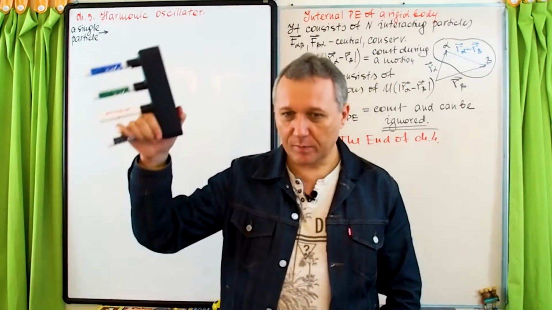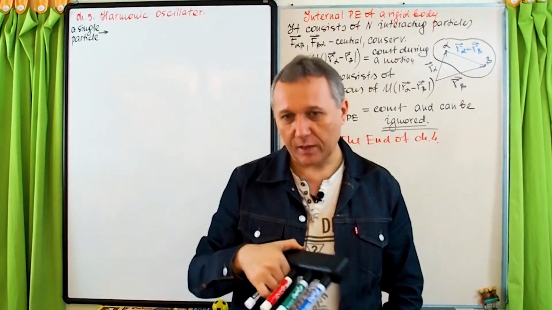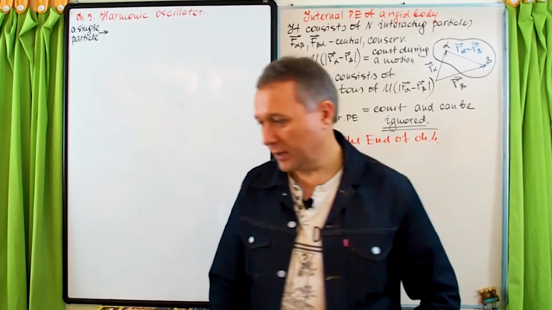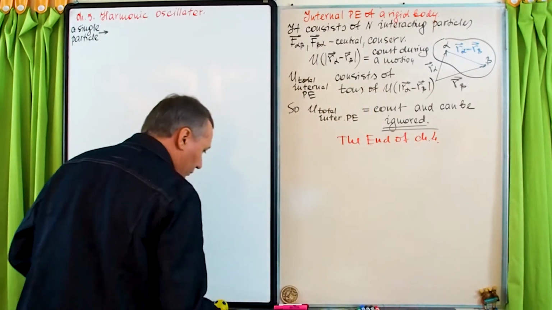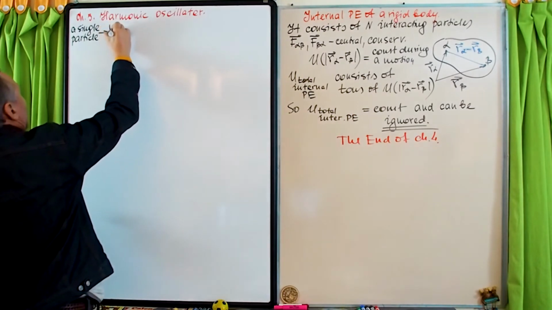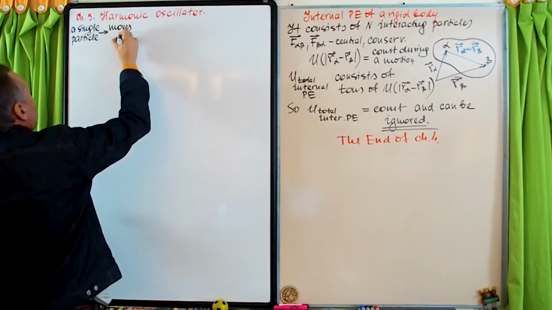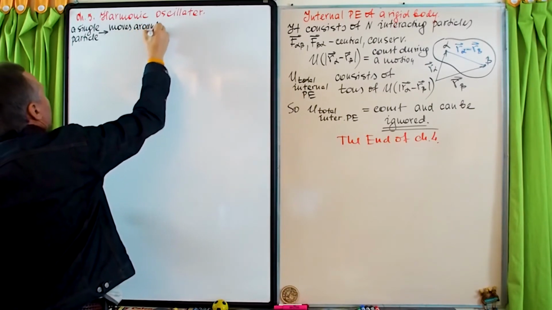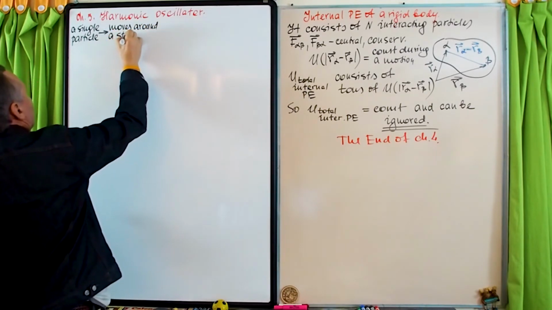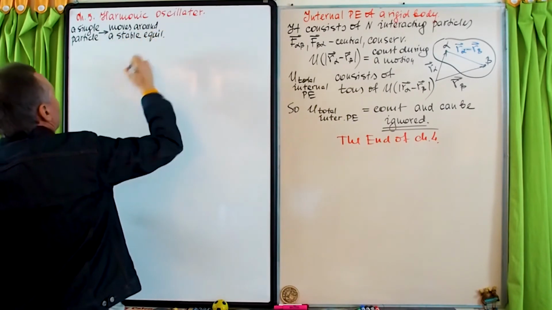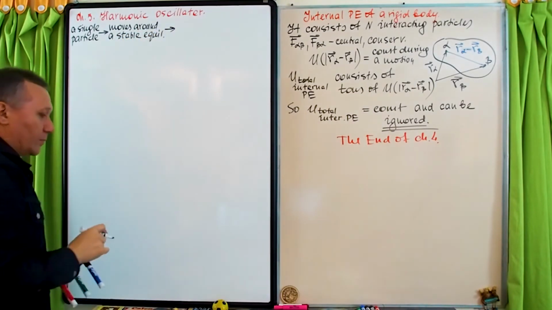Of course, a stable equilibrium point. If unstable, it will just run away and never come back. So it moves around a stable equilibrium. That's the second part.